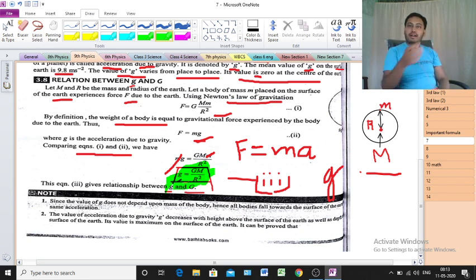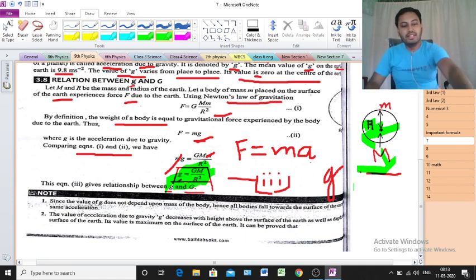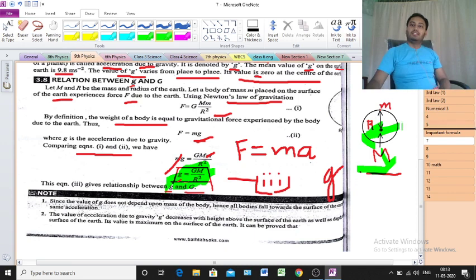I hope there is no doubt. If you still have any doubt, you can ask definitely. That is the basic thing you need to understand.